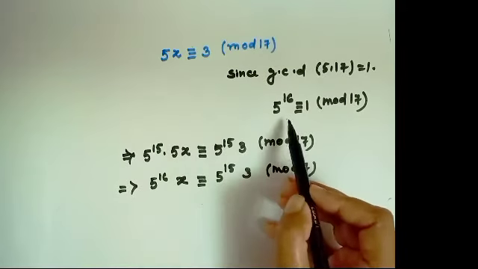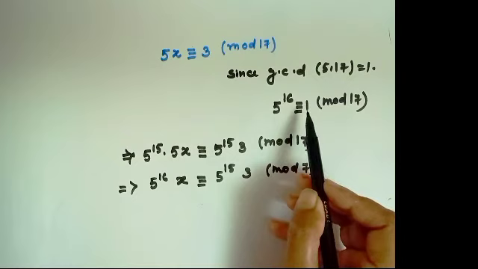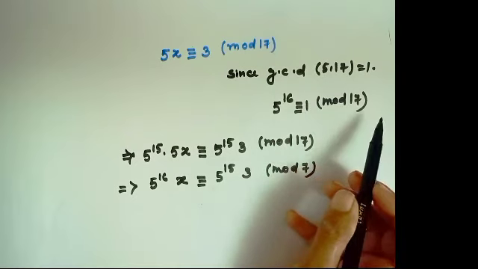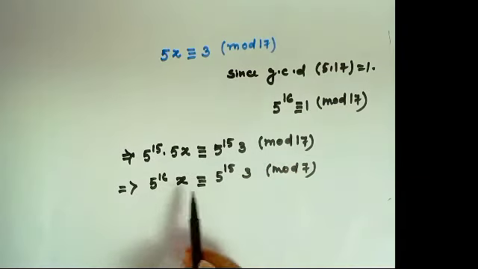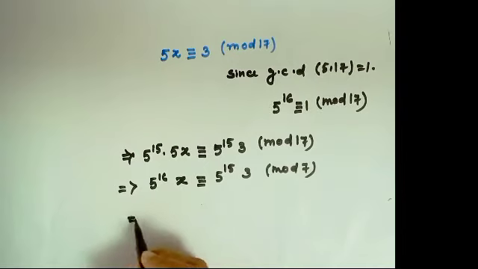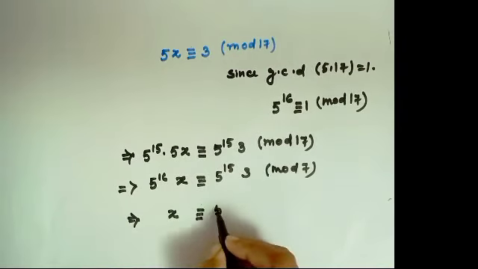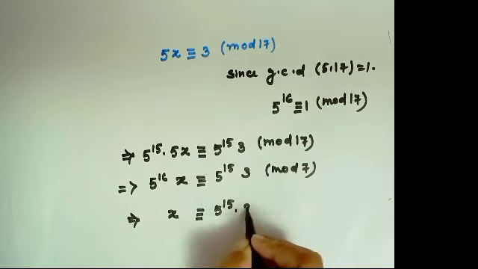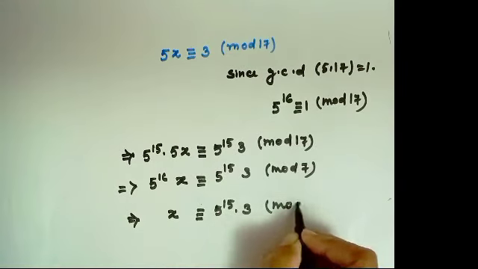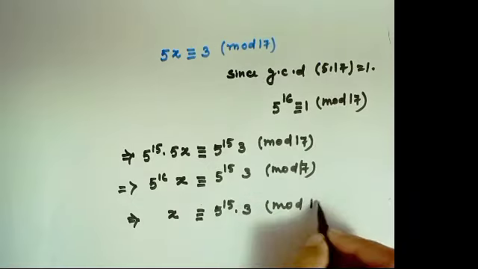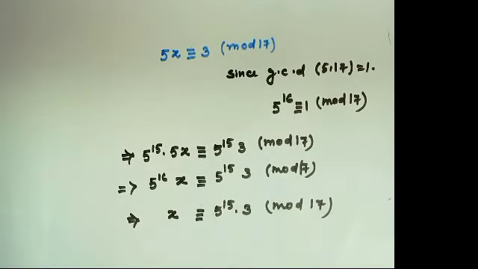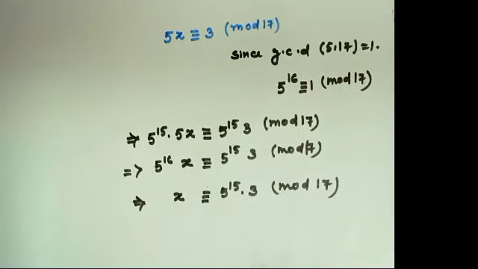And by Euler's theorem, 5 to the power 16 is congruent to 1 modulo 17. That implies x is congruent to 5 to the power 15 times 3 modulo 17.